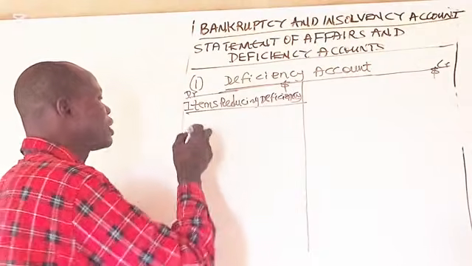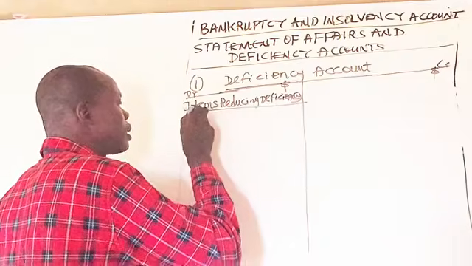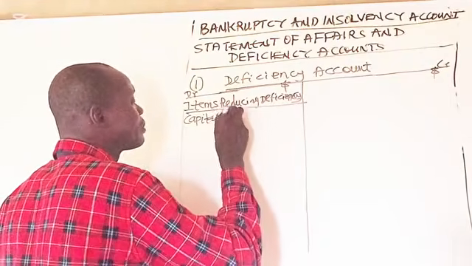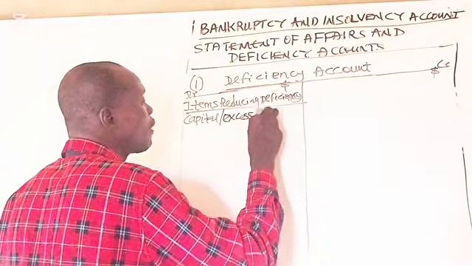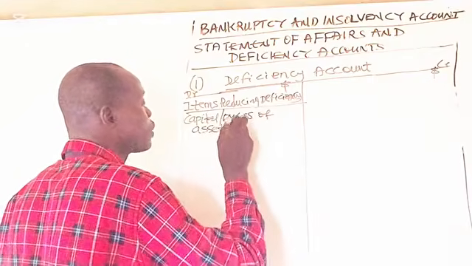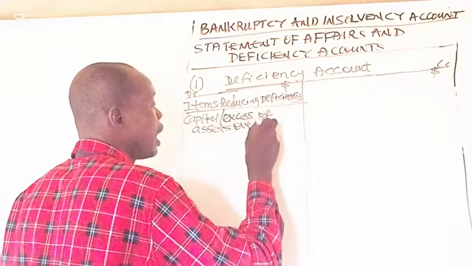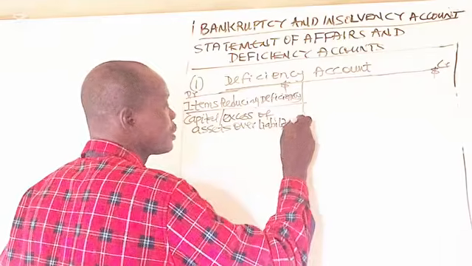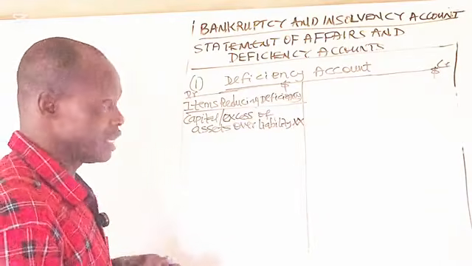So we have items such as capital. Number one, we have capital or excess of assets over liability.